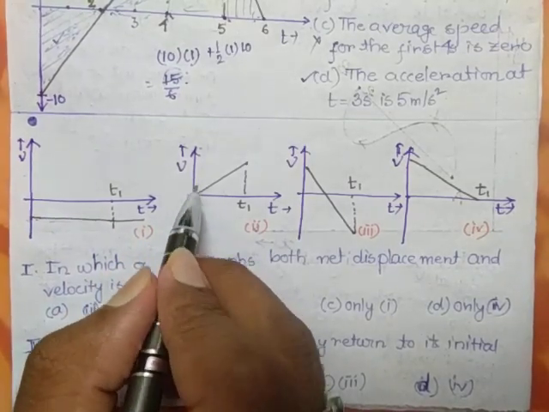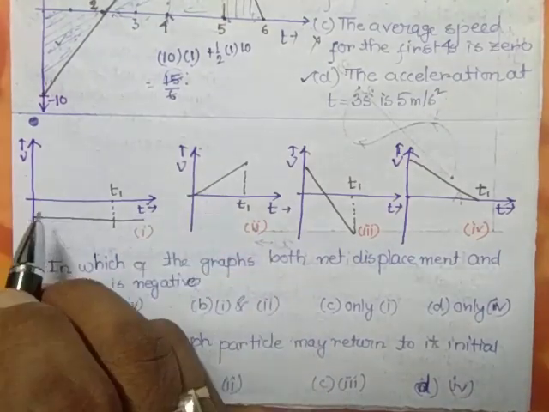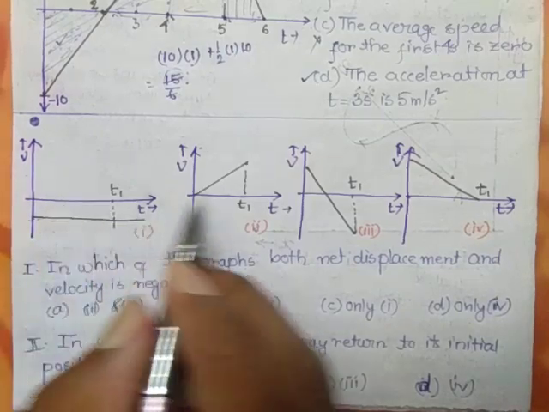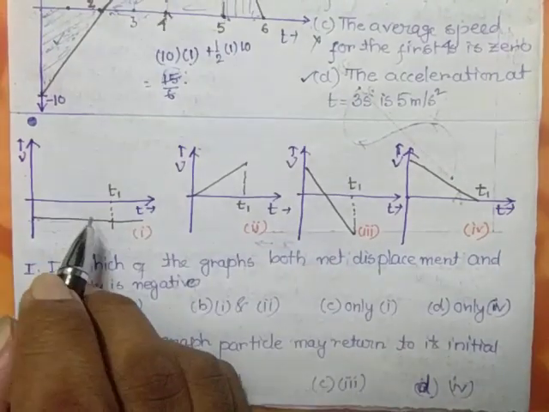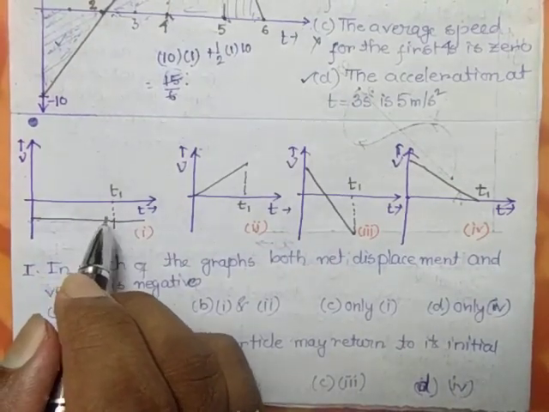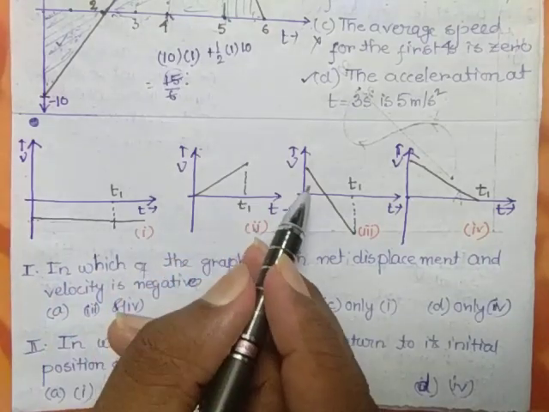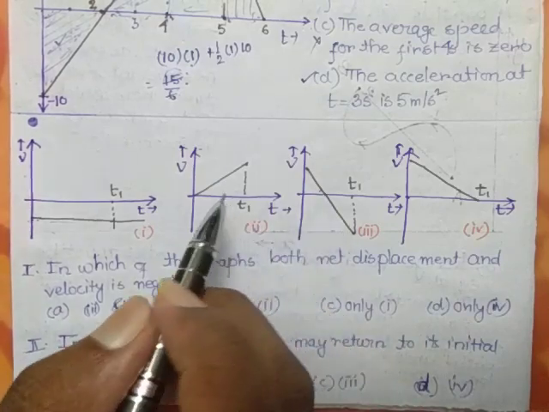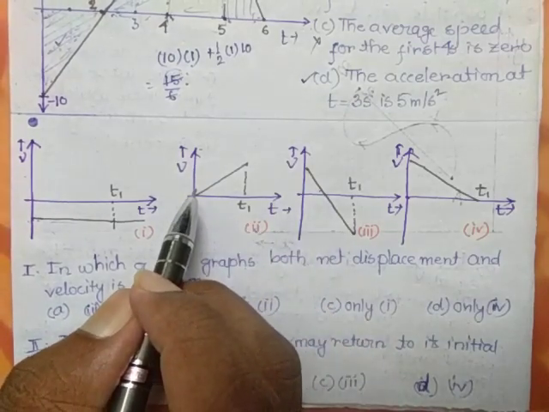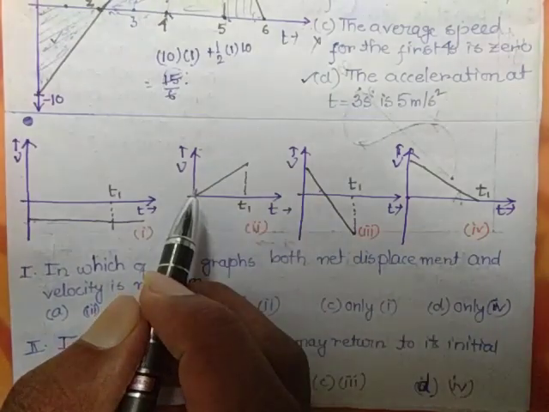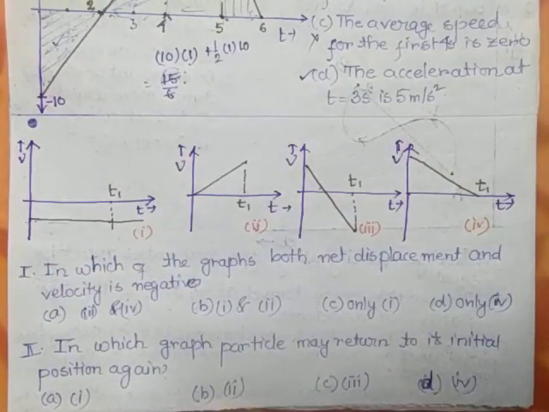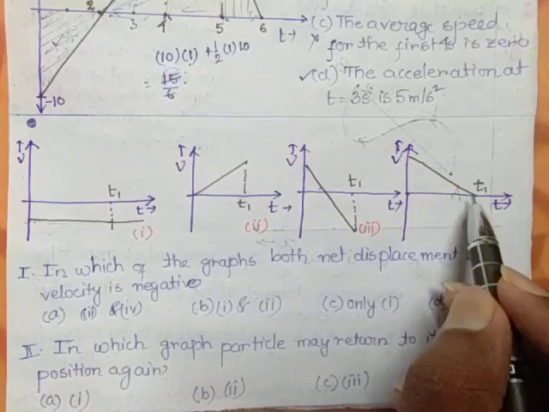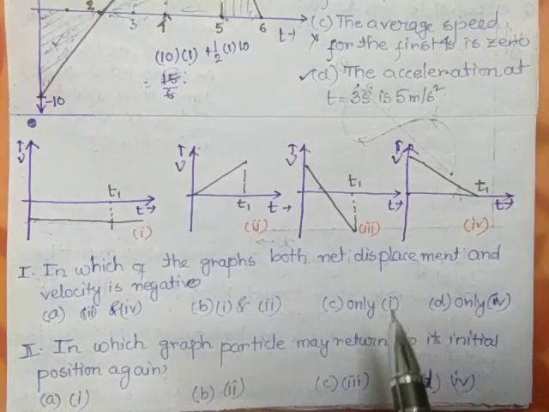Now for curve 2, the velocity is continuously increasing, and it is maximum at t equal to t1, and the velocity is decreasing continuously, and it becomes 0. After that it is increasing in the negative direction. That is the essence of curve 3. Now for curve 4, it is a velocity versus time curve, and the velocity is continuously decreasing, and it becomes 0 at t equal to t1.